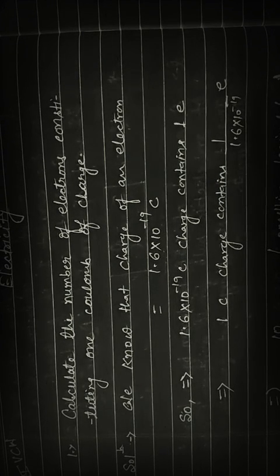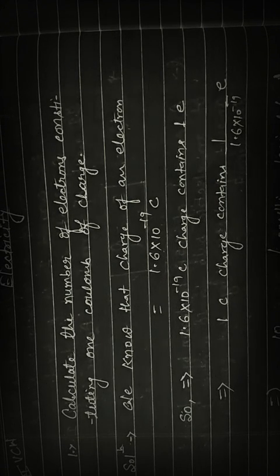Electron is a negatively charged particle. So 1.6 into 10 to the power minus 19 coulomb of charge contains 1 electron, because the charge of an electron is this. So 1 coulomb of charge will contain 1 by 1.6 into 10 to the power minus 19 electrons. That will be your answer.